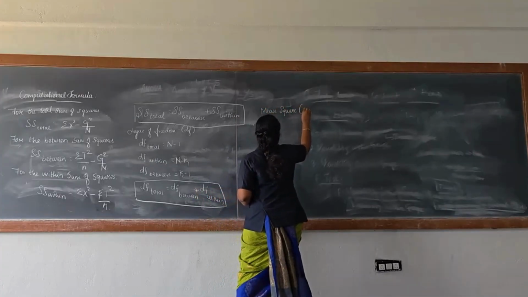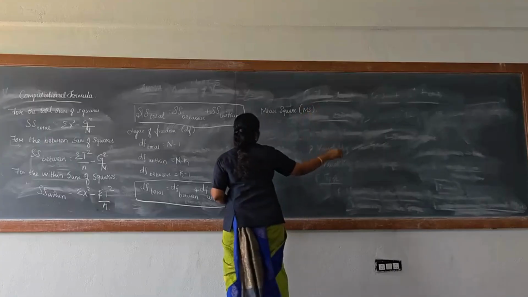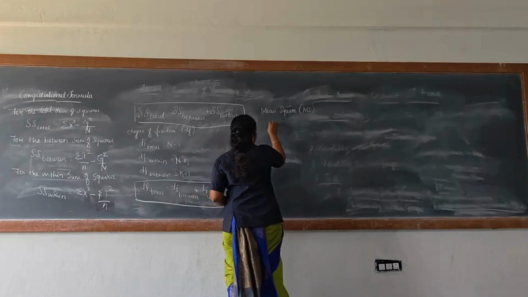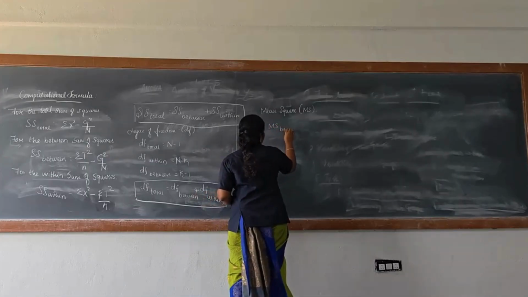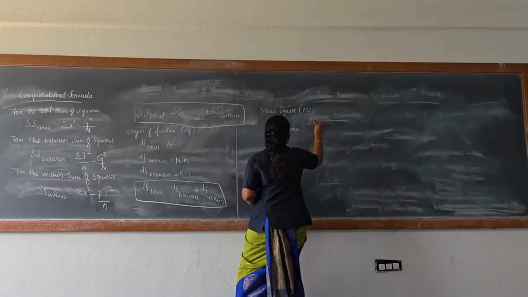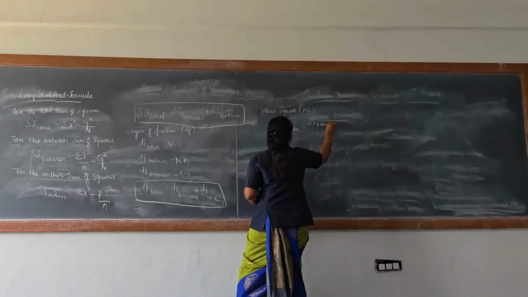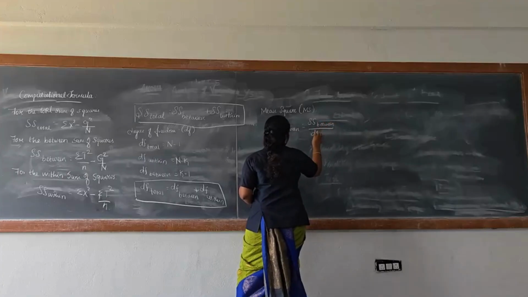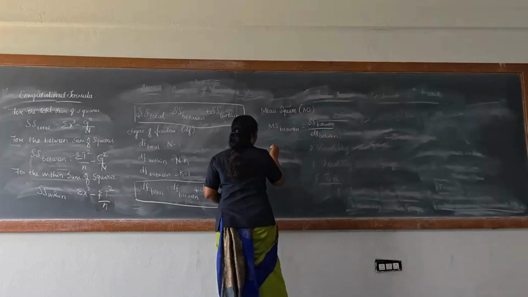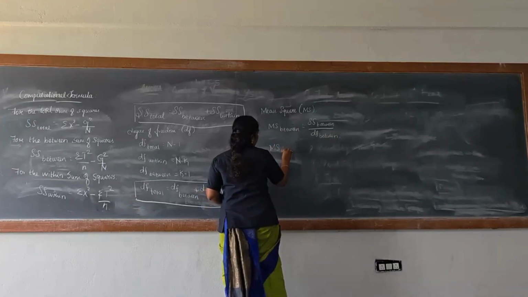So MS between is equal to SS between divided by df between, and MS within is equal to SS within divided by df within.